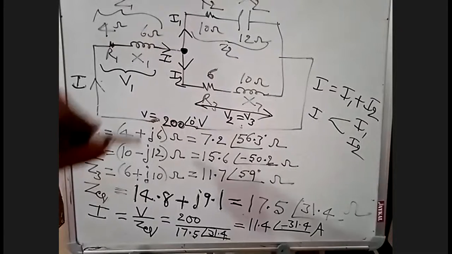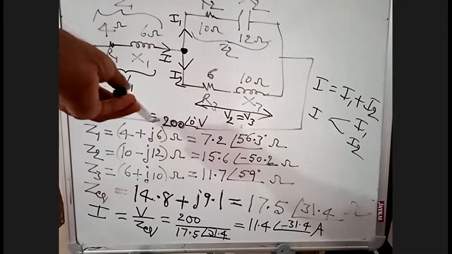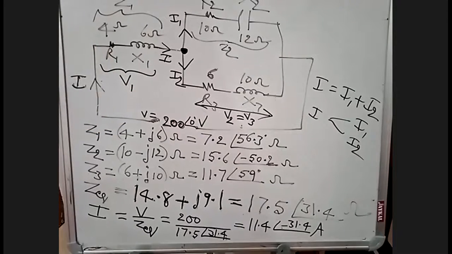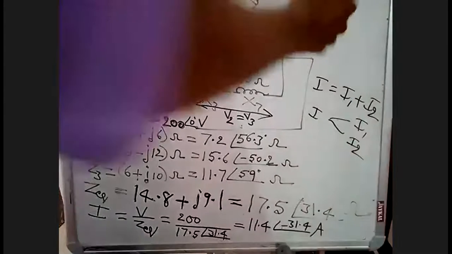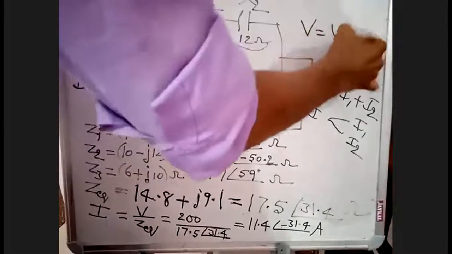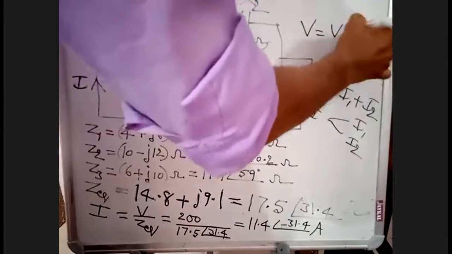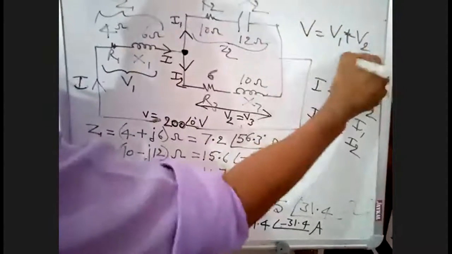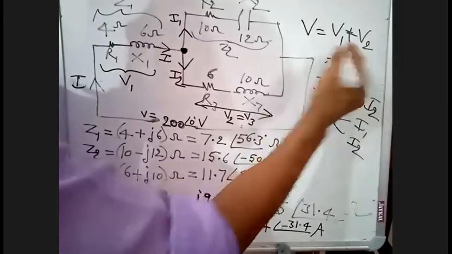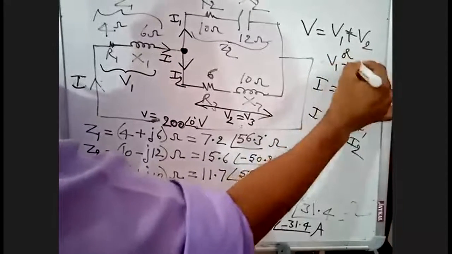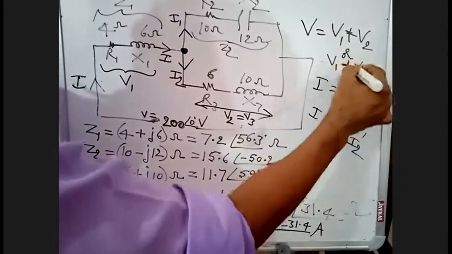Now can you tell me how the total voltage is dividing? V is equal to V1 plus V2, or V1 plus V3.